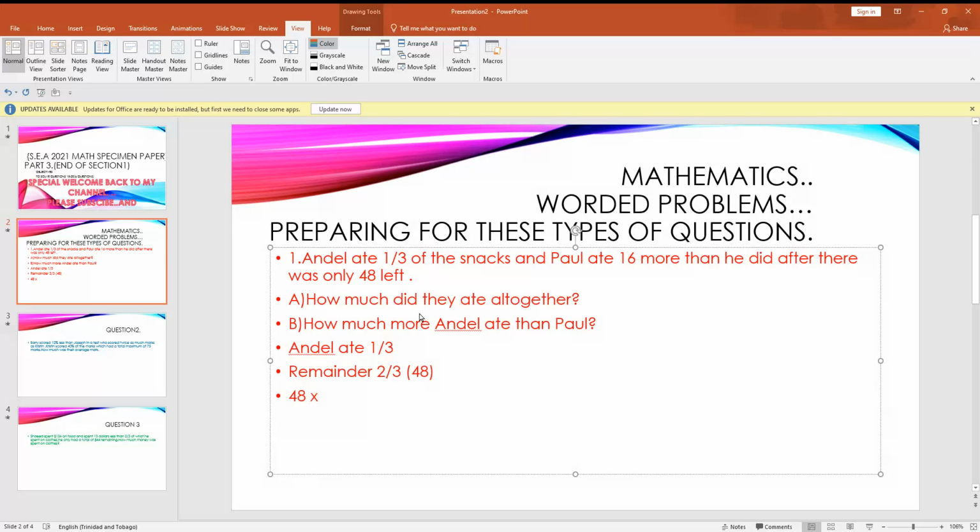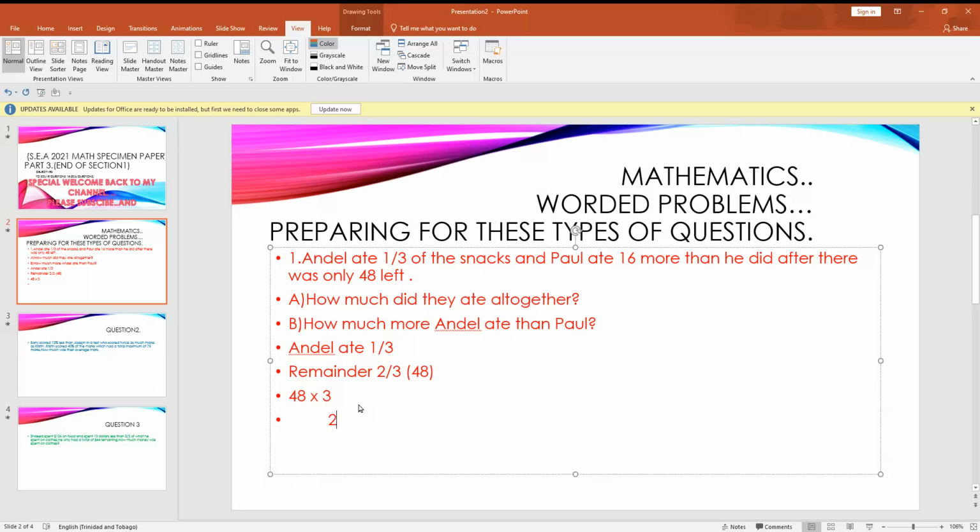Whenever you find a fraction and it's equal to a number, like when you find the remainder and they say 36 remain or 48 or any number, you always put the number, then you multiply by the reciprocal of the fraction, which means we must flip the fraction, so it now becomes 3 over 2.